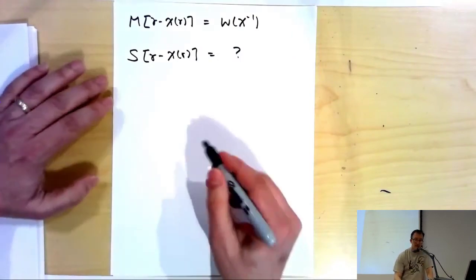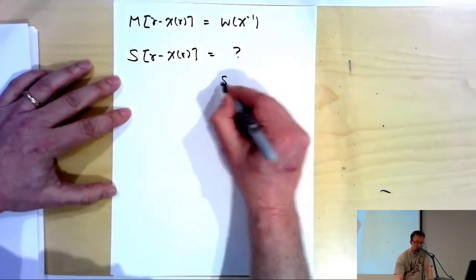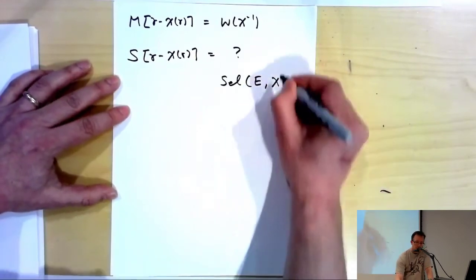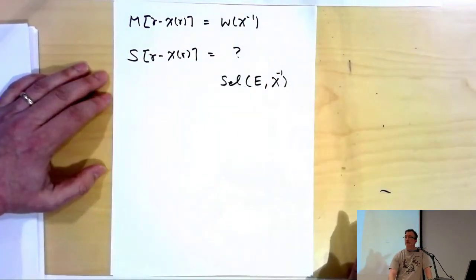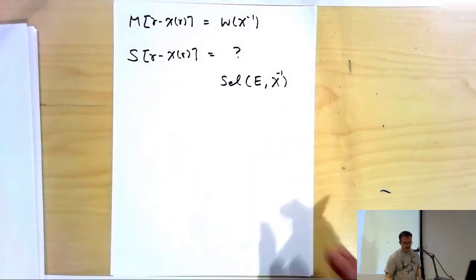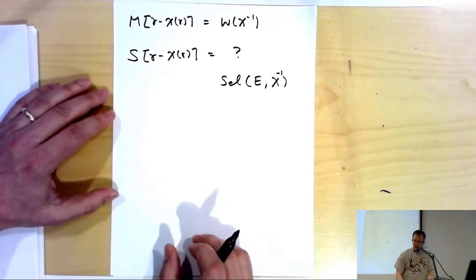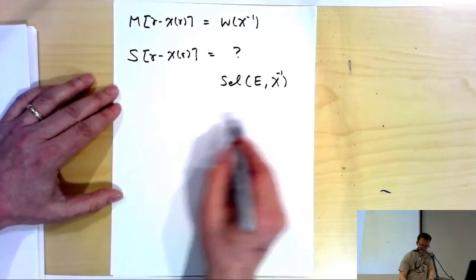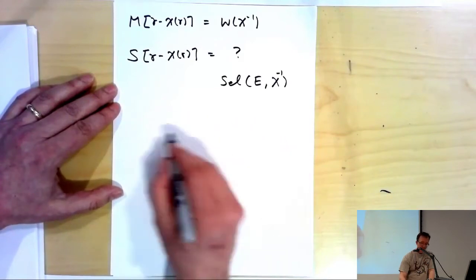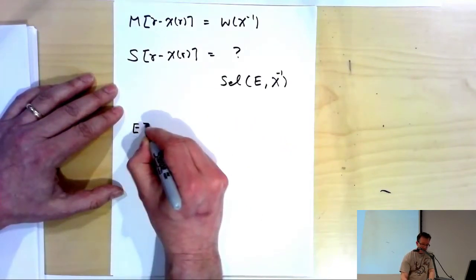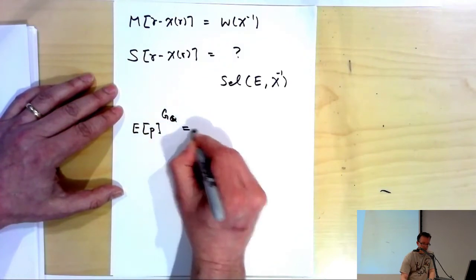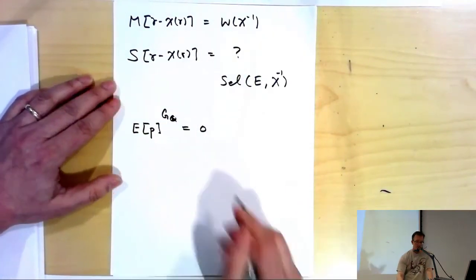In particular, how does it relate to, I mean, the obvious guess would be that this would just be the Selmer group of E for the character chi inverse. And so we want to see how much that's actually true. So I'm going to make a simplifying assumption for the moment, which is that E of P over GQ is 0. So this is an assumption.